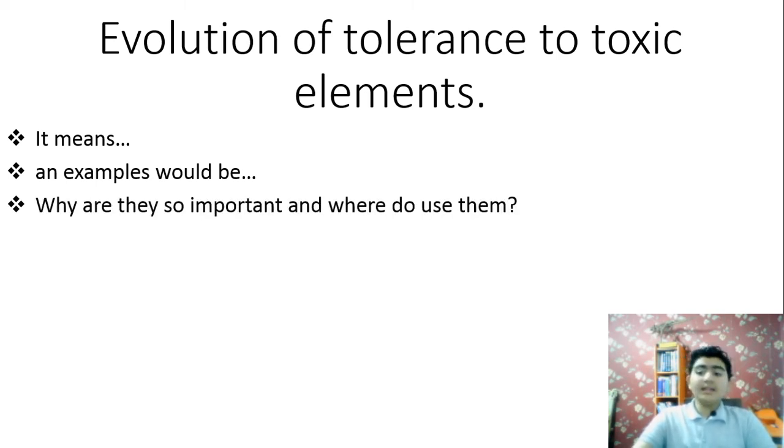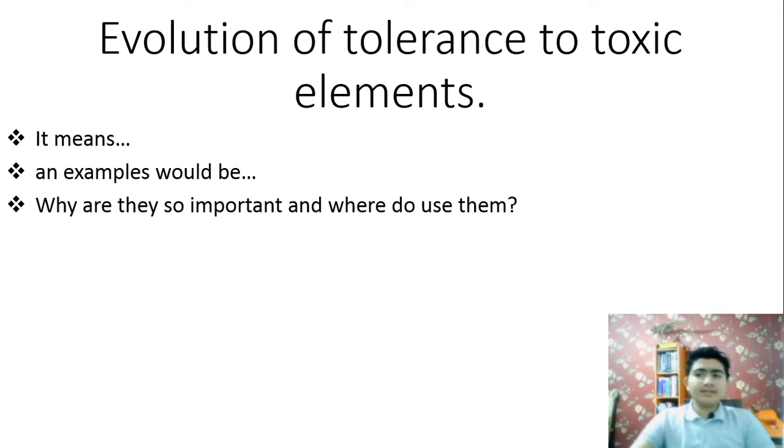Most plants can't even survive in soils that are formed from serpentine rocks. But some plants have adapted to survive in these soils, and by soils, I mean toxic soils, not normal soils. An example of these adapted plants is the serpentine plant itself.